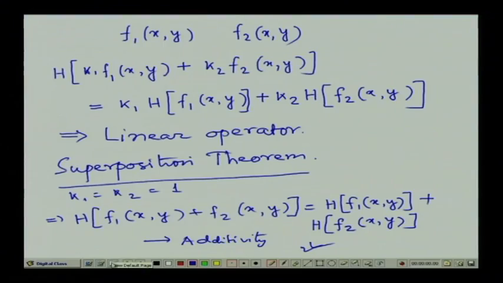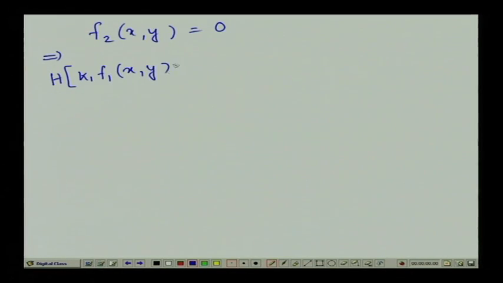Now, here again if I assume that f2(x,y) is equal to 0, this gives H[k1 f1(x,y)] should be equal to k1 H[f1(x,y)], and this is a property which is known as the homogeneity property.